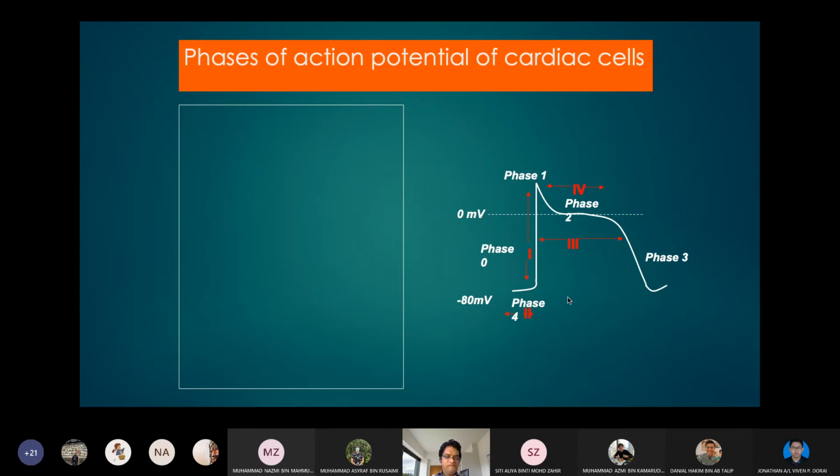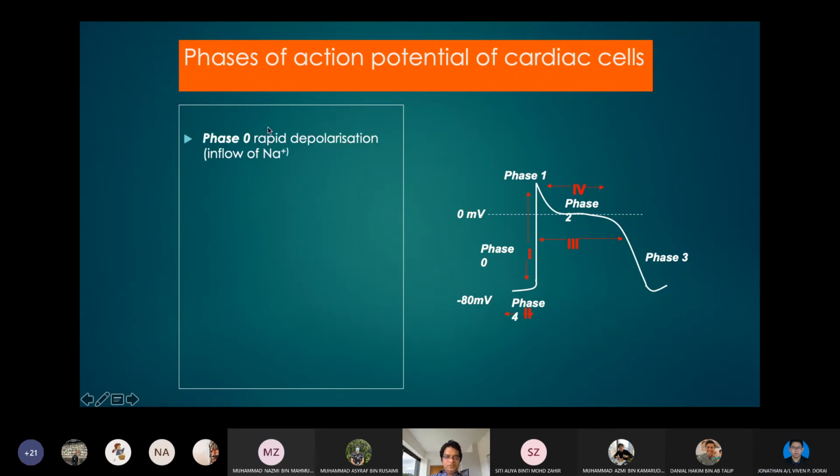Which phase is it again, doctor? That never-ending circle, rotating in which part of the action potential of cardiac muscle? Which phase? Phase 0. Phase 0, because it is the excitation phase.